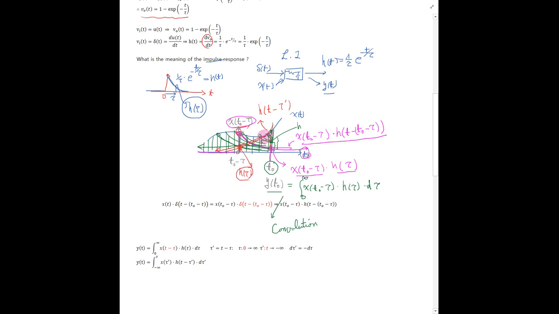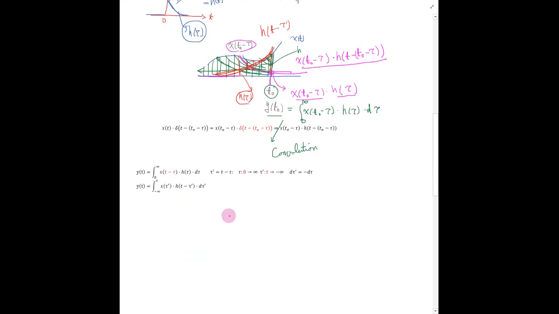You can think about the reversed impulse response. The impulse response looks like this one, but we are taking the negative sign here. So h(t minus tau prime) is this kind of curve. So the reversed impulse response gives the scale factor for the input signal.